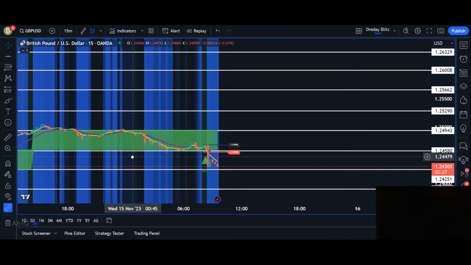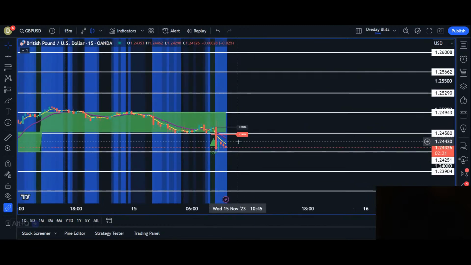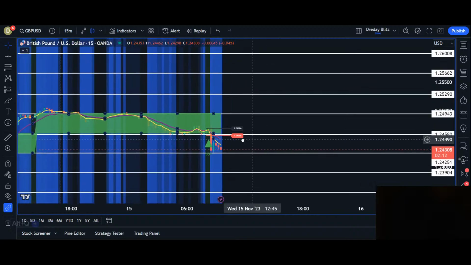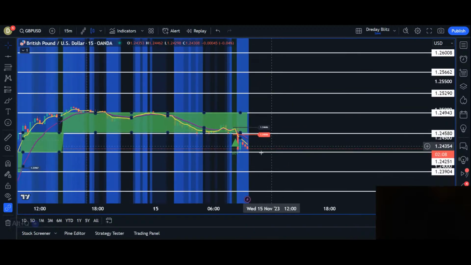And it doesn't matter, because most of the time it's not going to touch your stop loss, because what you're waiting for is the actual switch from green to red to get out of the trade. When it does that, it's going to be well before the stop loss zone.